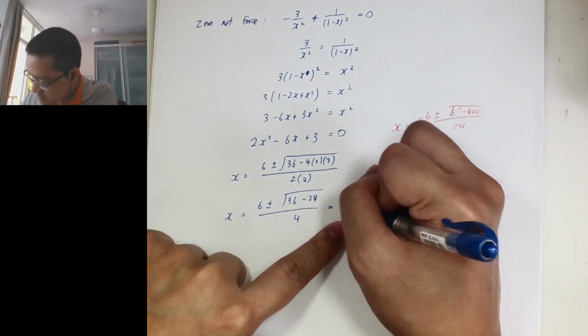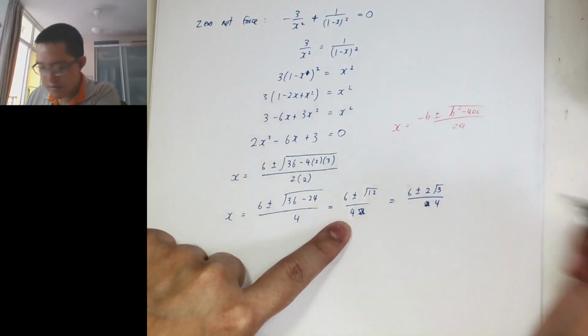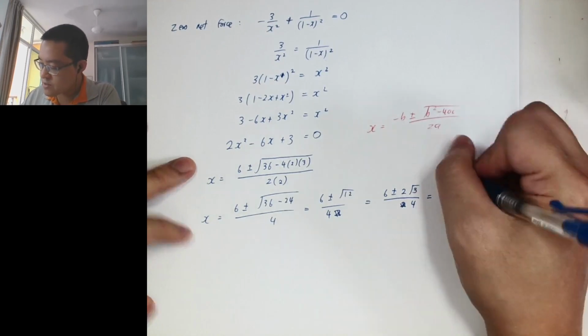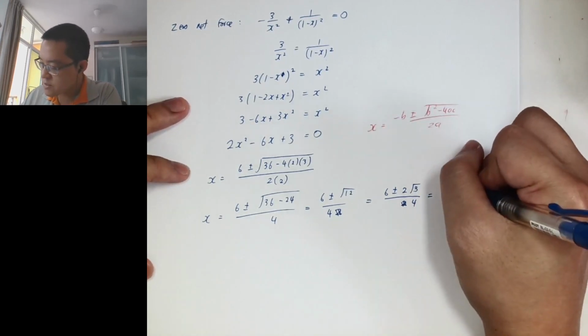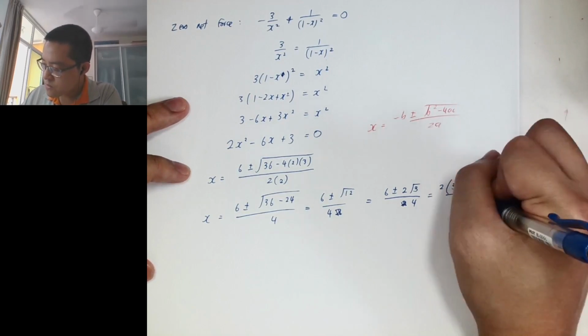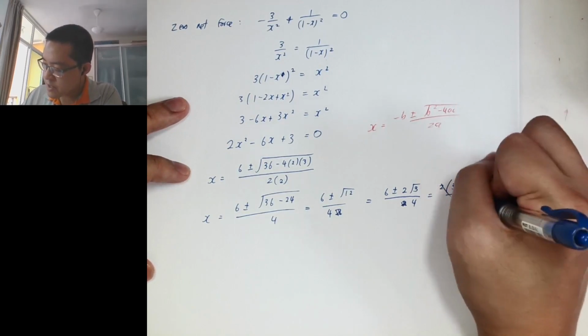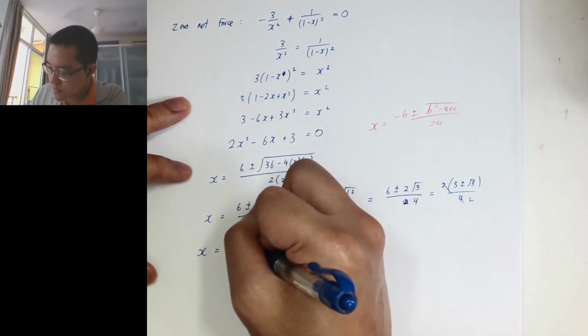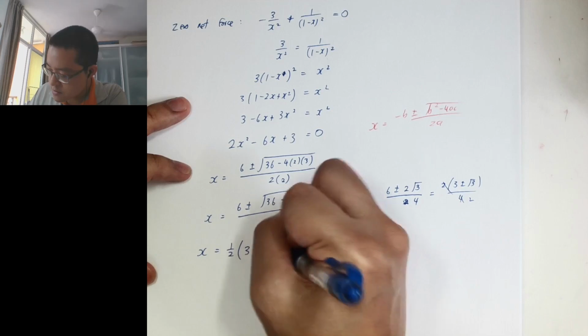This is 4, right? Yeah, this is 4. Correct, right? So that it becomes this. Right, so it's 2, 3 plus and minus root 3 over 4. So this becomes 2. So my answer is half of 3 plus and minus the square root of 3.